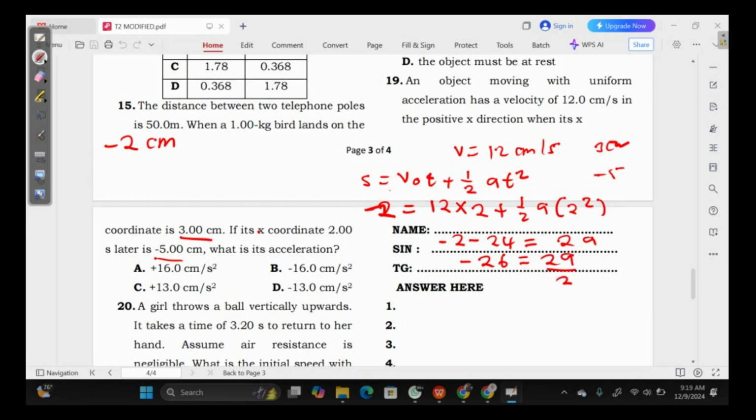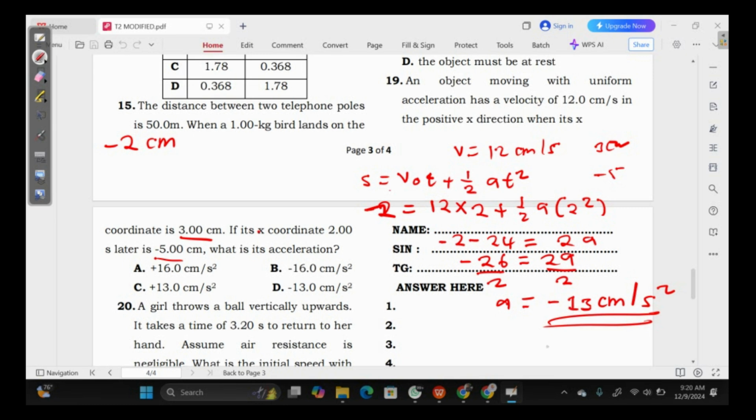A will be equal to negative 13 meters per, or it is centimeters, not meters. Negative 13 centimeters per second squared.